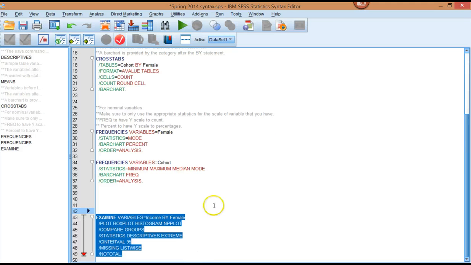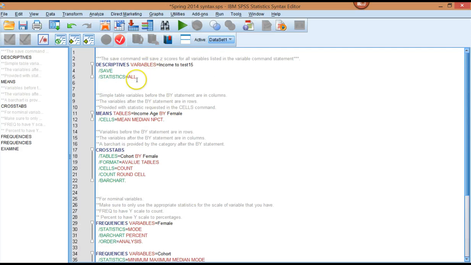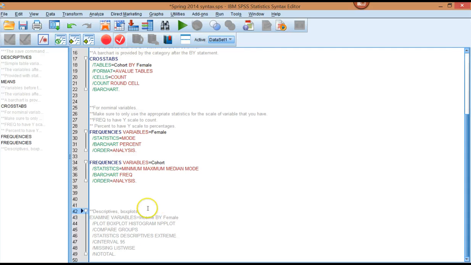Okay, so hopefully you can see all the information that's provided to you with the explore command. I prefer the explore command to the descriptives command, although you can get some of the same statistics but not all of them. You can get box plots, you can get histograms, which we could get before, but you can impose a normality plot over that.